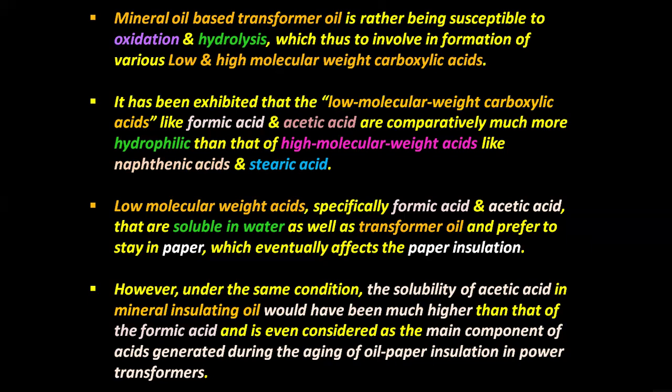However, under the same condition, that is temperature and other conditions, the solubility of acetic acid in mineral insulating oil is much higher than that of the formic acid and is even considered as the main component of acids generated during the aging of oil paper insulation in power transformers.